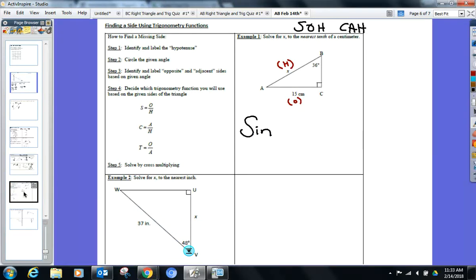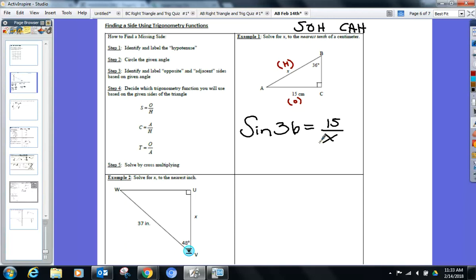What is it? So I'm going to put the sine of 36. Much better. What's the sine ratio equal to again? Opposite, which was 15 over the hypotenuse, which we labeled as x.